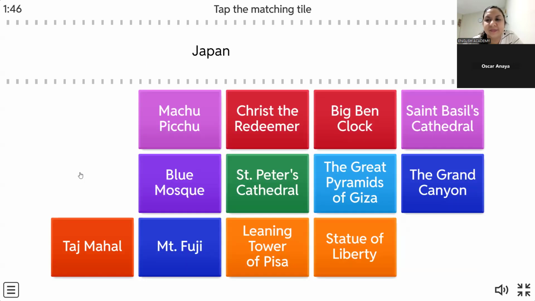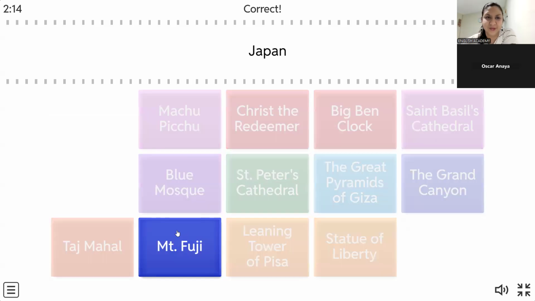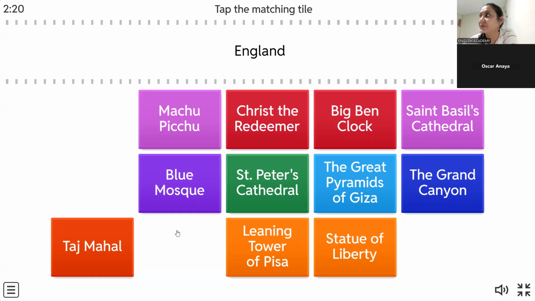Japan. This is a national landmark. Mount Fuji. Yes, Mount Fuji. The next one is England.